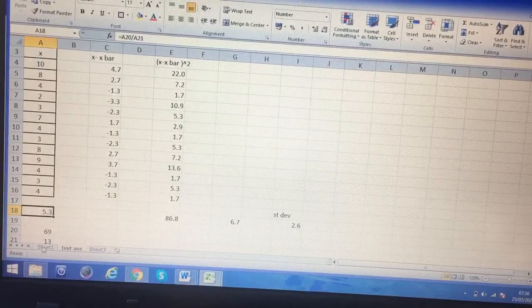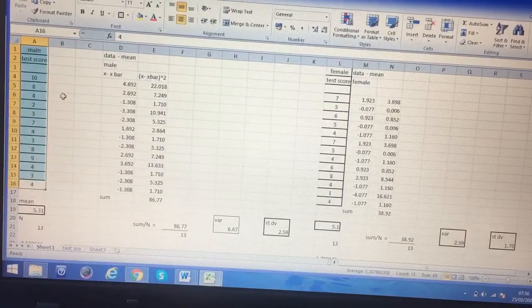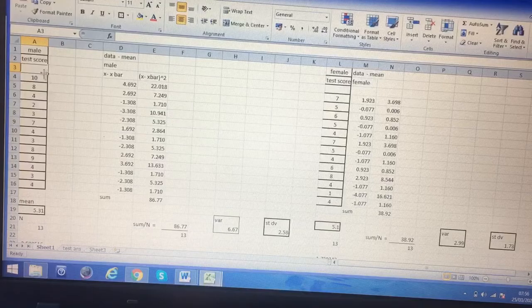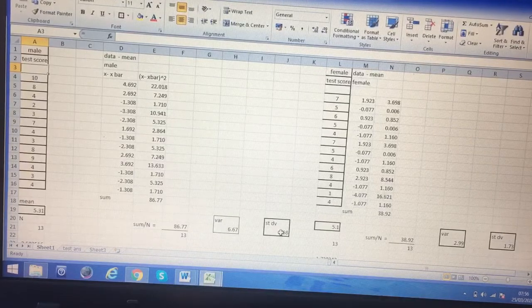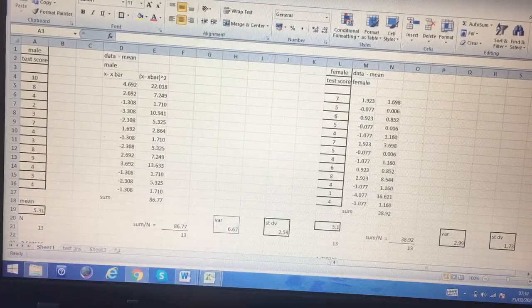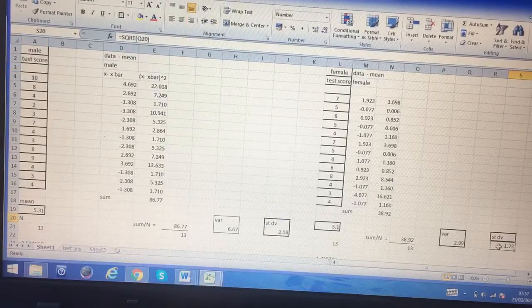Okay, I did it with the girls. There's the male score, 2.6. I did it with the girls, and although their mean was less, the standard deviation was less. Which means they weren't as spread out. I've just jumped an awful lot there, so I've just done the same thing with my data set for my females that I did for my males.